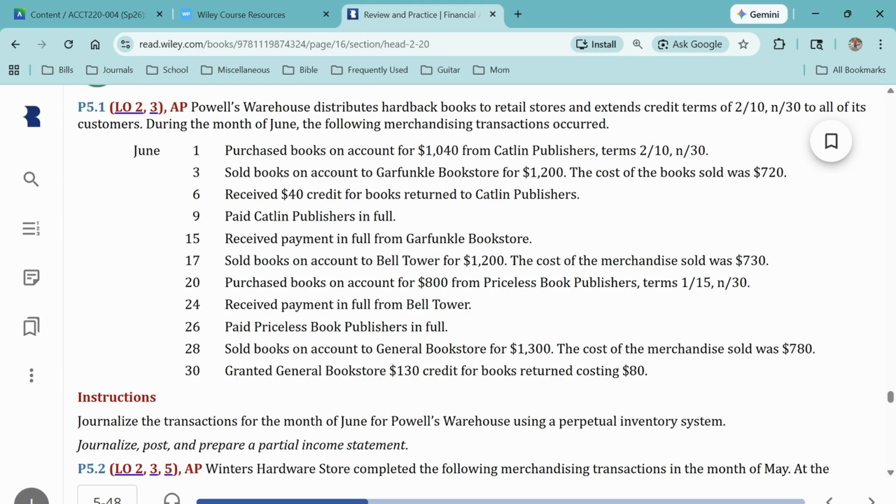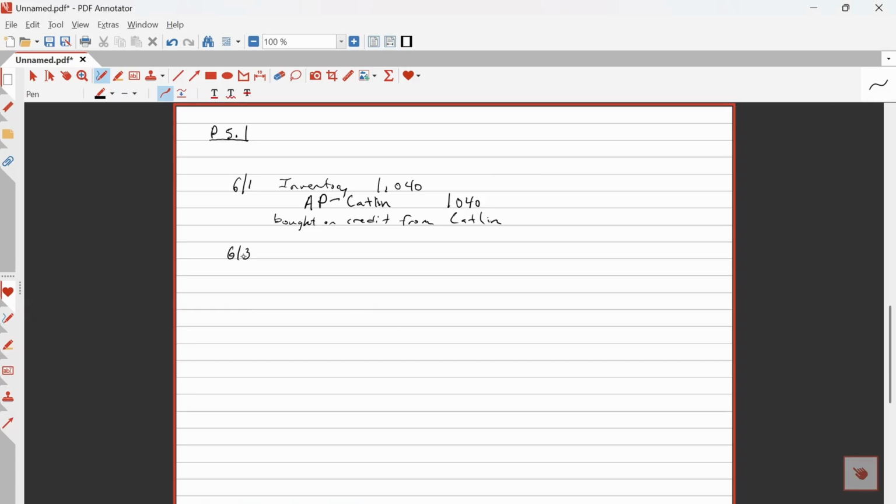The cost to us of these books that we sold to them for $1,200, when we bought those books originally, it cost us $720. So we're the seller now in this. We're Powell. We're Powell in all these transactions. It's just sometimes we're the buyer, sometimes we're the seller. So we're getting practice on both sets. Buying journal entries, selling journal entries from the perspective of both one entity, but buyer and seller. So we're Powell.